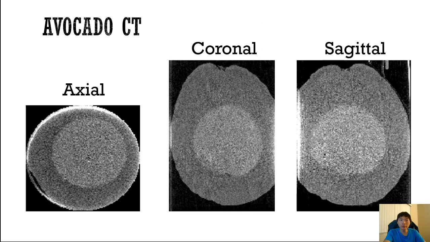Avocados have a stone in the middle, and the stone is much denser than the soft flesh of the avocado, and as you can see here, you get 2 different shades of gray. So this shows that you can see a little bit of contrast with CT, but overall, not a whole lot of features in the avocado. So let's have a look at our starfruit and strawberry.